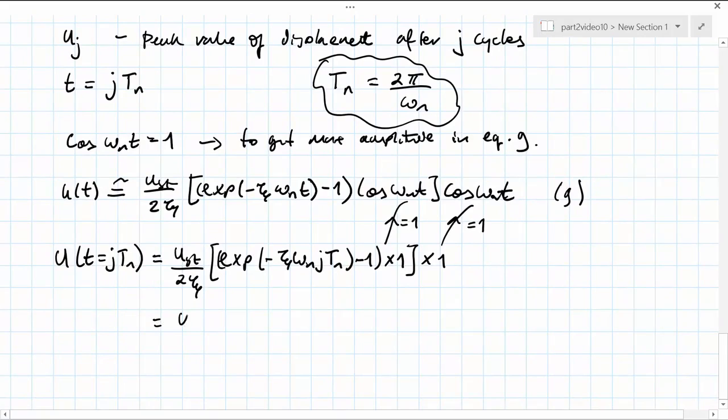We can now say then this is equal to u0 times the exponential function of minus zeta omega n j 2 pi over omega n, minus 1.